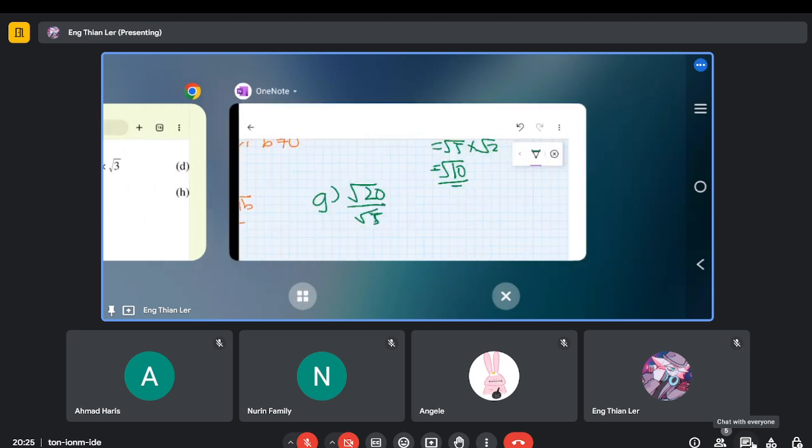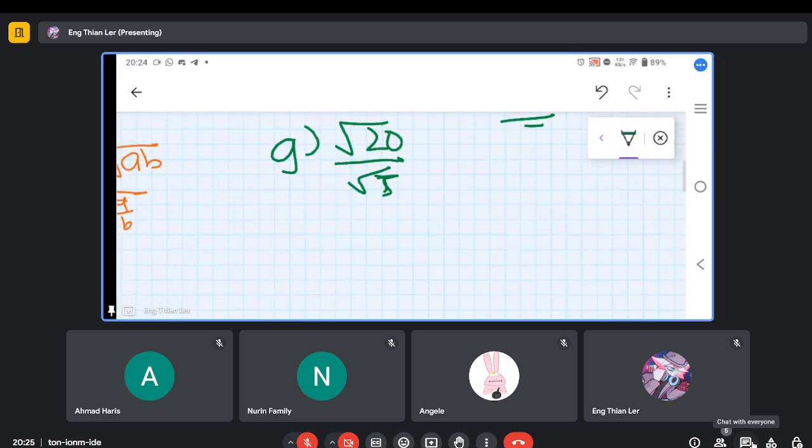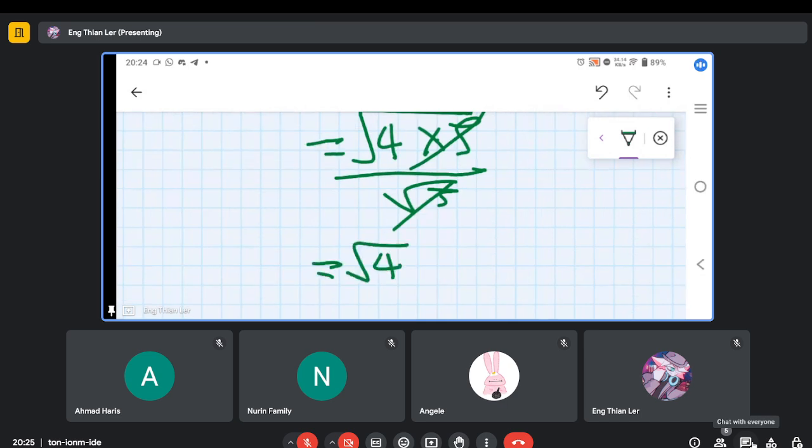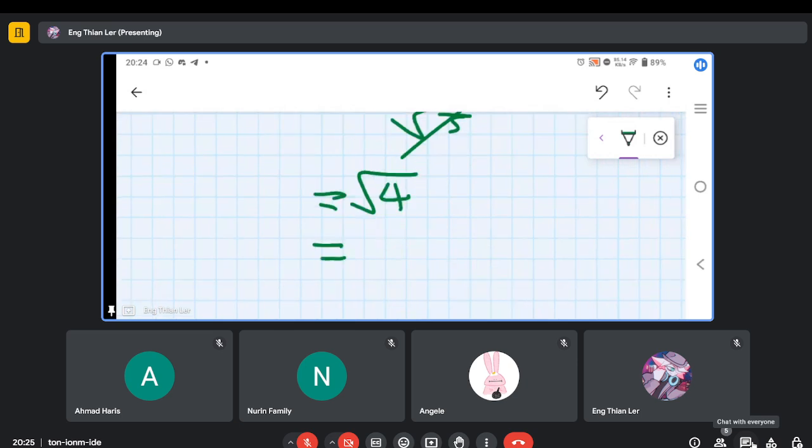Yeah, correct. Okay, so what do we do? We're still the same. We're going to split the 20 into two numbers. We know that 20 is a multiple of 4 and 5, right? 4 times 5 is 20. So this 5 and this 5 cancel. Now what are we left with? We're left with only root 4. And what is root 4? The square root of 4 is 2. 2 is the answer.